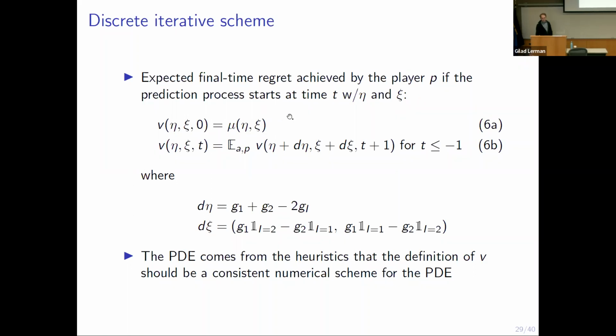So at final time, it's just mu. And then at earlier times, the value function today is the value function tomorrow, after incrementing all the variables in accordance with the rules of the game in expectation with respect to A, and this should be PM, the optimal strategy, not P.